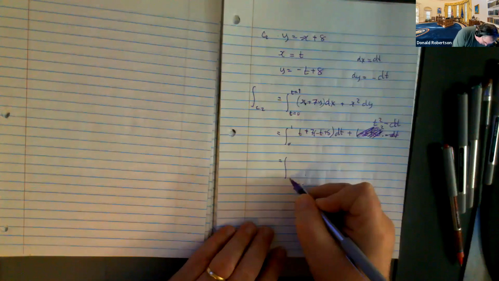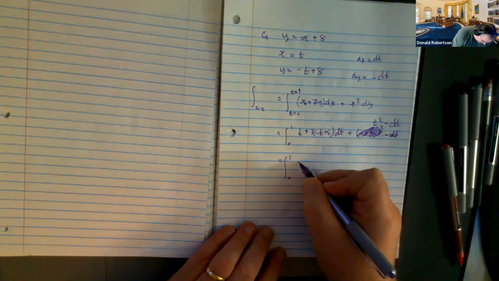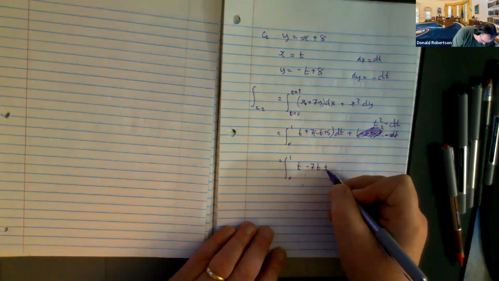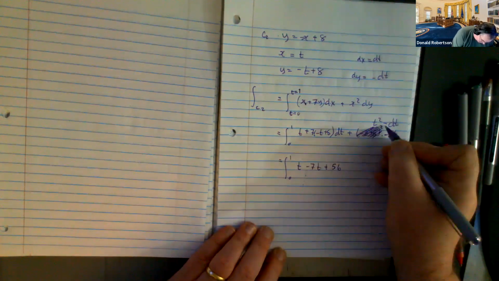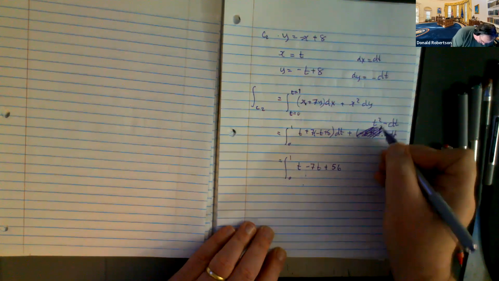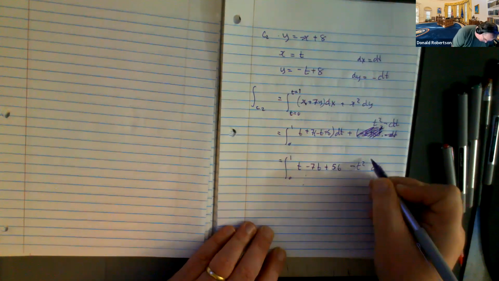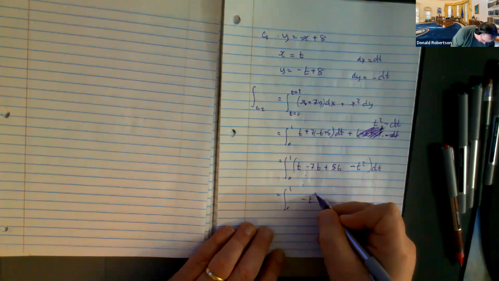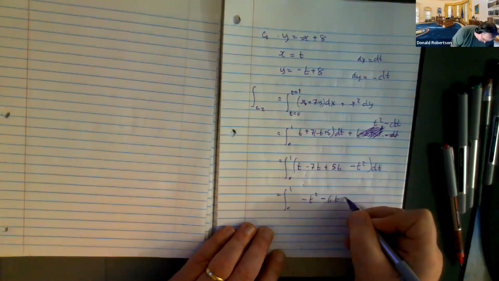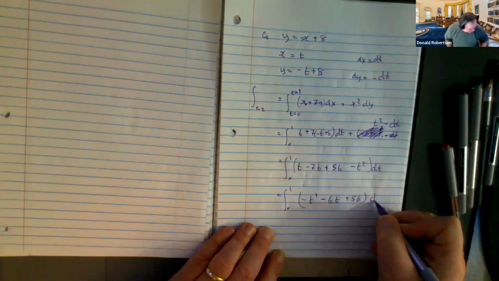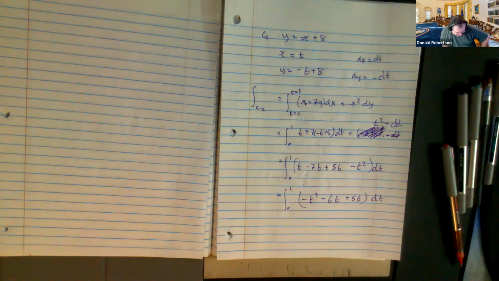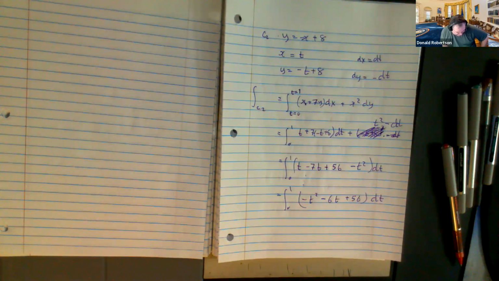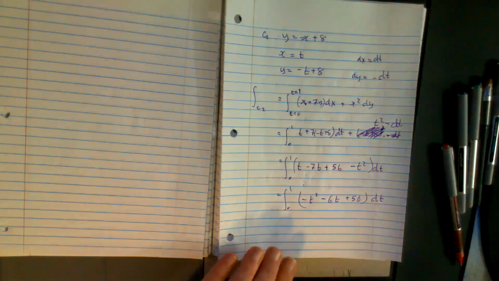So I have the integral from 0 to 1 of t, take away 7t, add 56, and that basically gets you that fella. What do I have? Negative t squared, negative 6t, plus 56. Any mistakes here? Are we good as far as you can tell? I don't see anything. Okay, we will keep going.